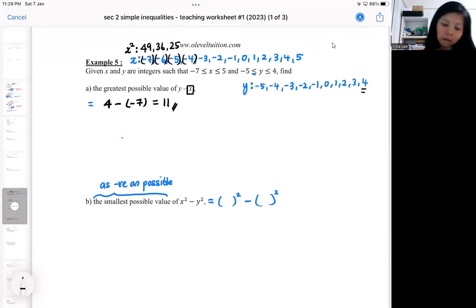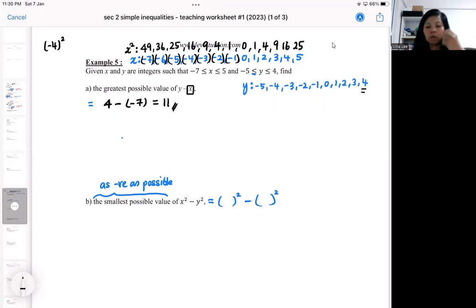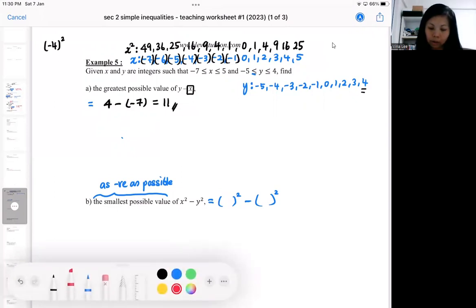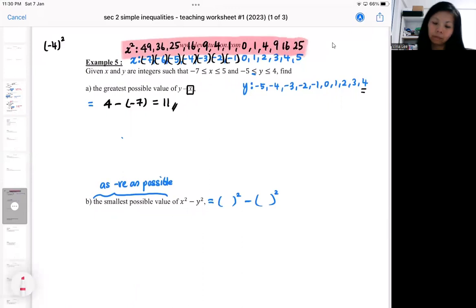So if you punch your calculator with a negative and a bracket, you find that after squaring, you are getting all the positive answers. If you square 0, you will get a 0. So if you square all the x, you are getting all the positive numbers. So this is x squared.